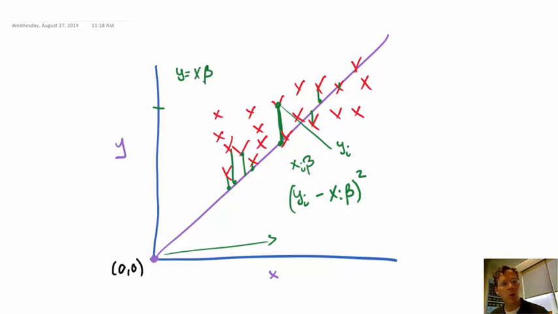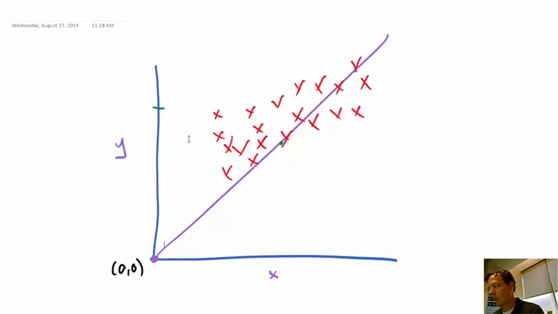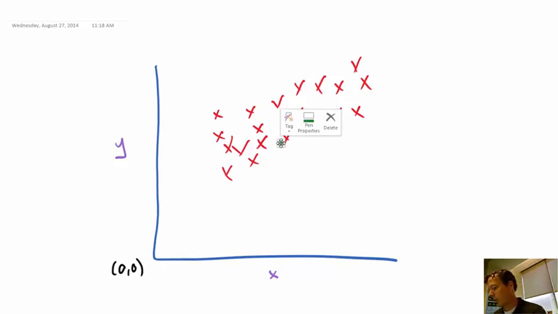When you have a line going through the origin, you only need one parameter, that's the slope. Now, that line's not going to be very good. If you look, the line really should hit somewhere along here. So regression to the origin kind of doesn't make sense.